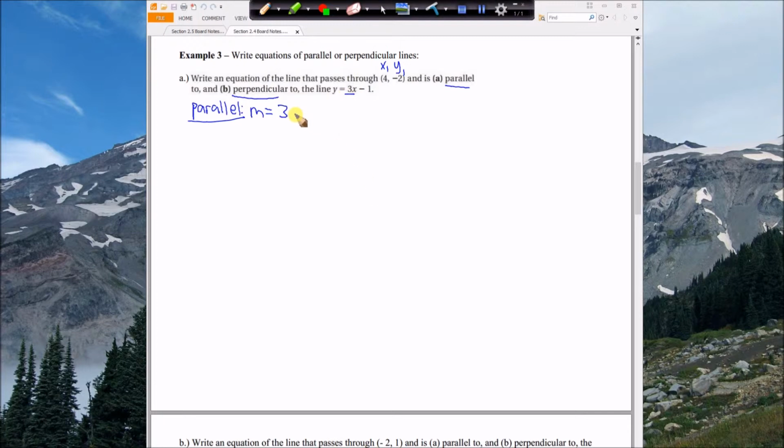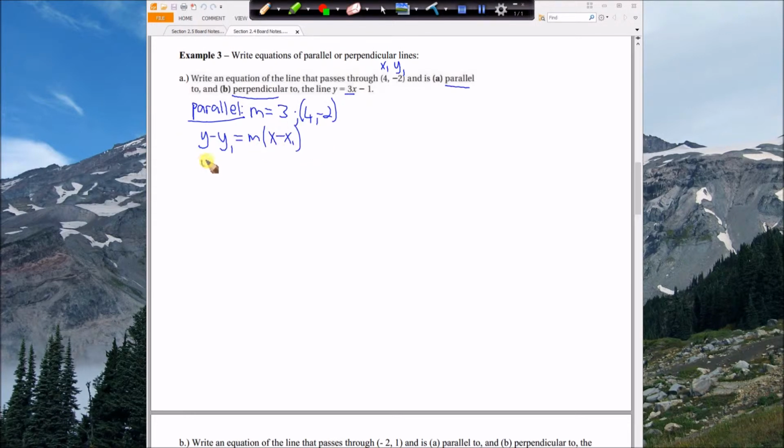All right, and then I can use that point 4, negative 2. So I'll just copy it down here. 4, negative 2, we call it x1, y1. And so now I have a point and a slope, so I use point slope formula again. So y minus y1 equals slope times x minus x1, and substitute.